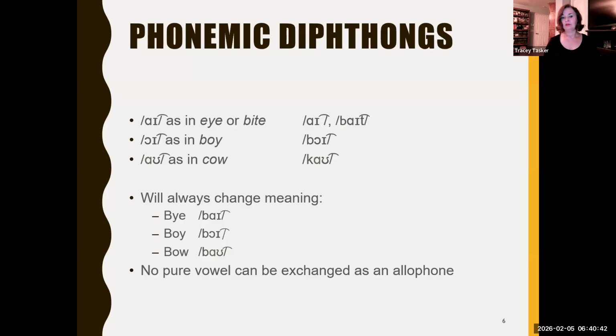Okay, so again, I, oi, and ow, as in cow, are the phonemic diphthongs. So it always changes the meaning. There's no pure vowel. So even though it's two vowels coming together, these truly are two sounds coming together, always two symbols to represent them.